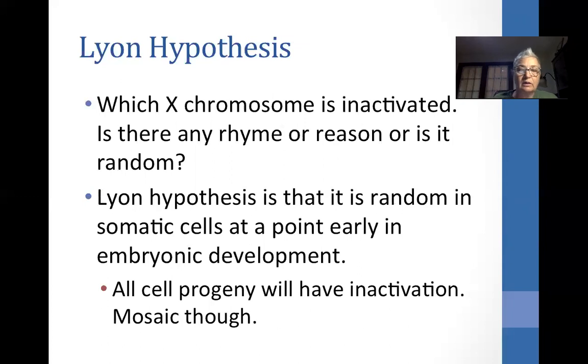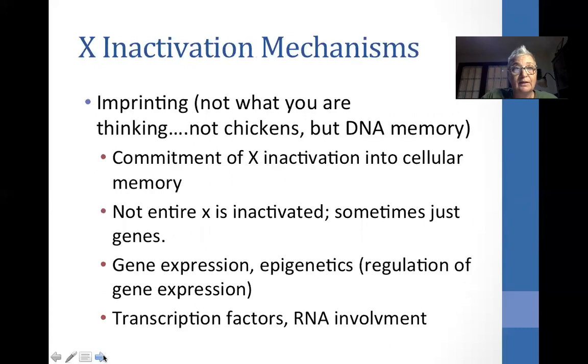And then obviously all the cell progeny would have the inactivated X, the Barr body, and the activated X, and are a mosaic. So basically all the Lyon hypothesis proved is that there is no rhyme or reason. It's completely random and somewhere early in development. Really fascinating stuff.